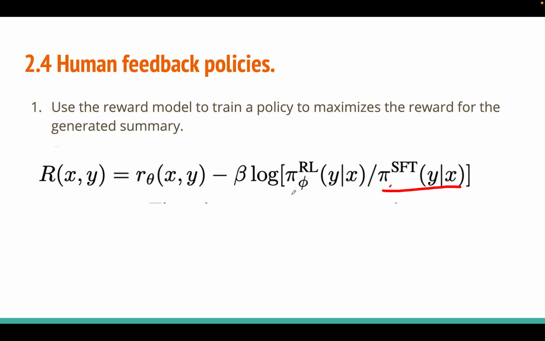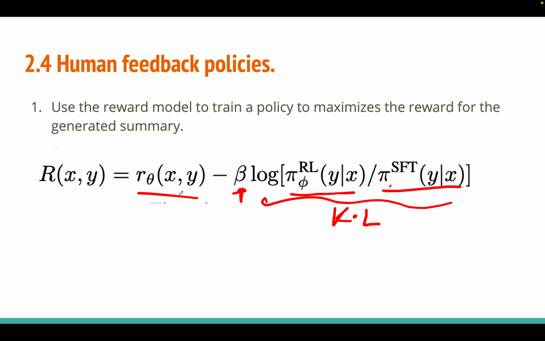And then we have the policy we are trying to update, which is called phi here, for the summary y given the post x, and it's also called RL here. This is the new model we want to create or update. And we have some factor beta here. This is actually KL divergence, right? Kullback-Leibler divergence.